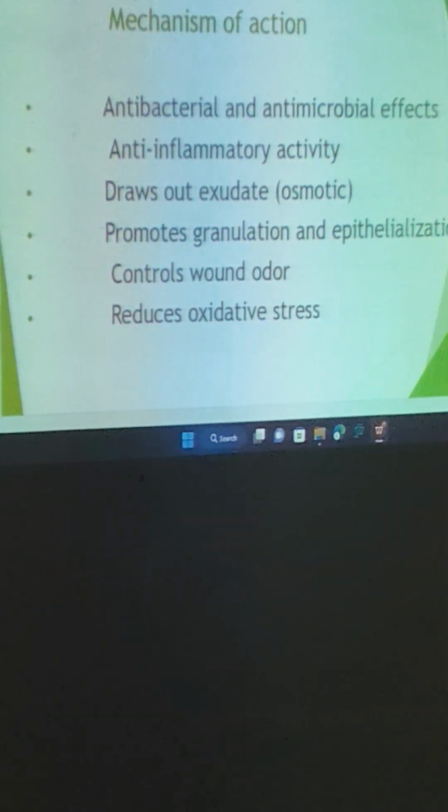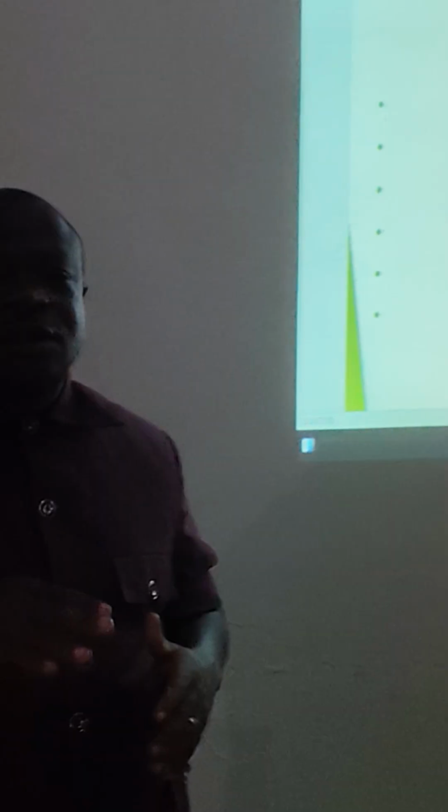The question now is, what happens to the bacteria on the surface of the wound when the ones in circulation are killed? Honey fits in this condition. When honey is applied at the surface of the wound, it kills the bacteria and improves wound healing. Honey has anti-inflammatory activity.